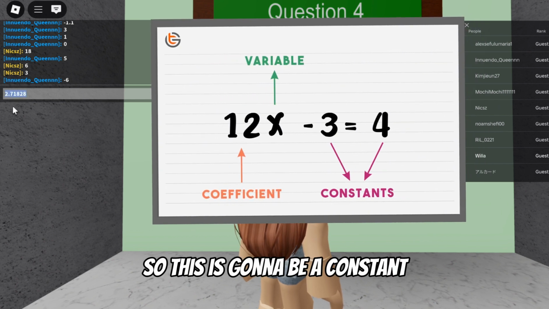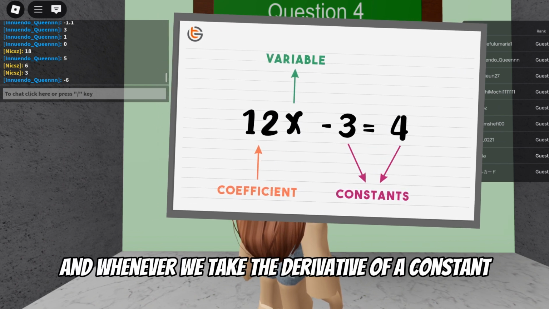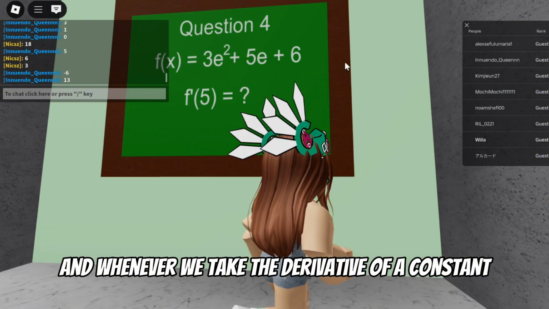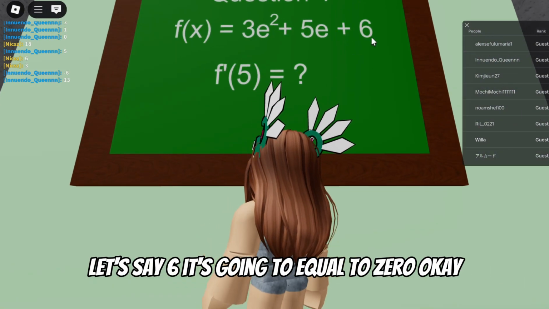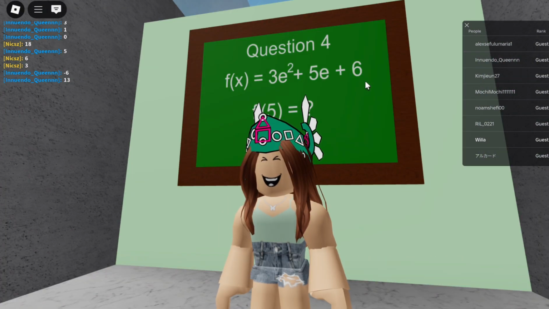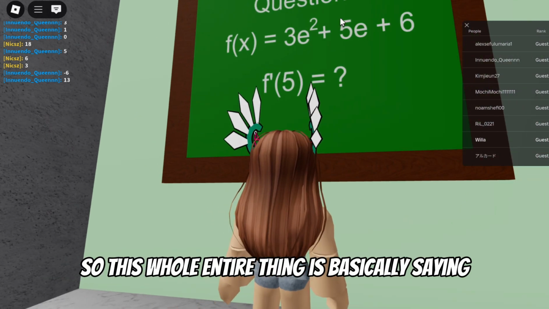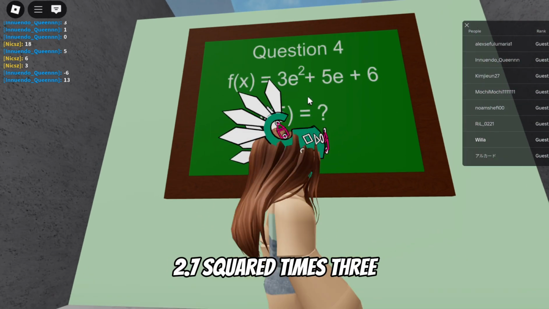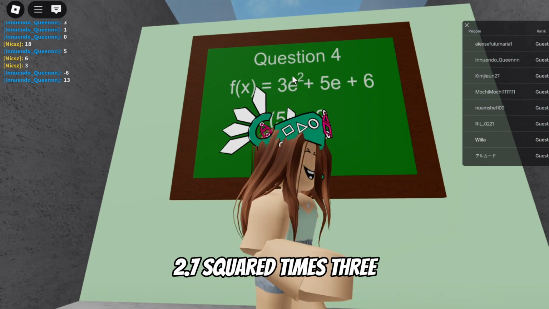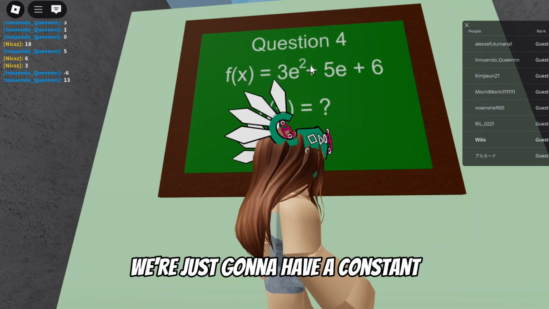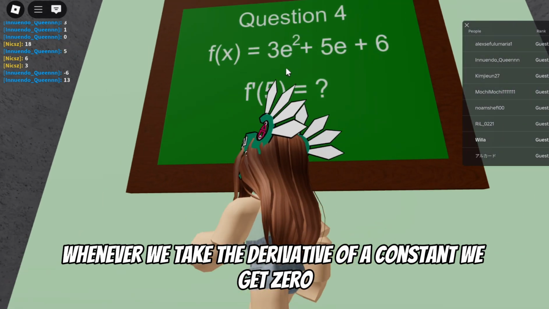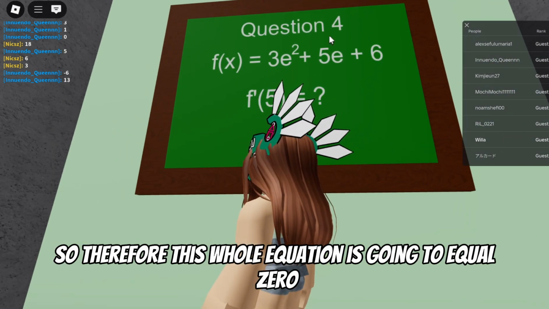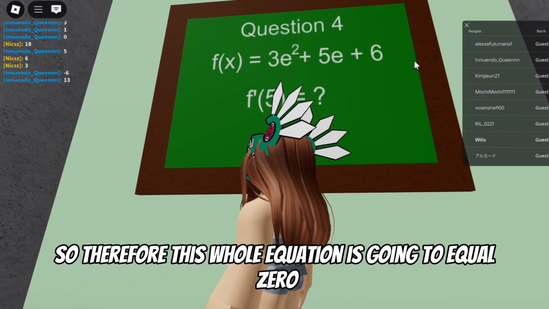So this is going to be a constant. And whenever we take the derivative of a constant, let's say 6, it's going to equal 0. So this whole entire thing is basically saying 2.7 squared times 3. We're just going to have a constant. Whenever we take the derivative of a constant, we get 0. So therefore, this whole equation is going to equal 0.